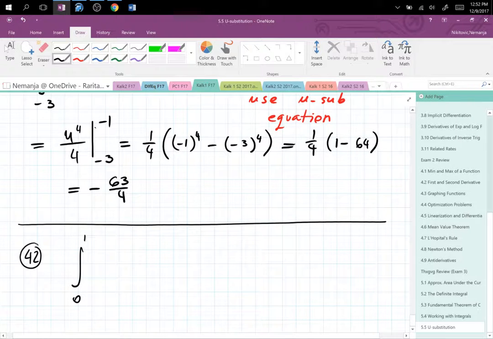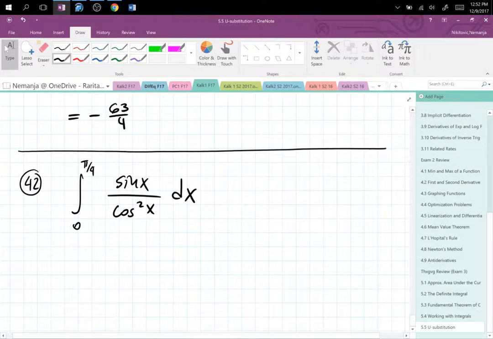The integral from 0 to pi over 4 of sine x over cosine squared x dx. So what's u? U equals cosine x.